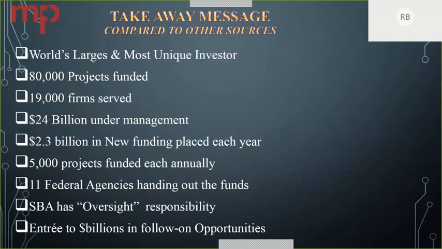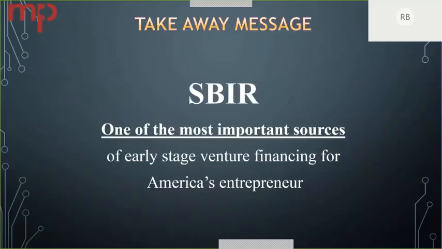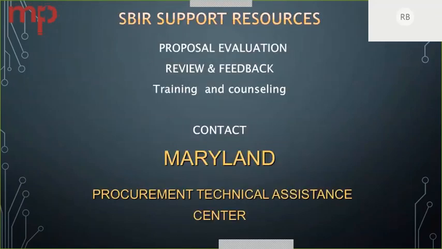SBA has oversight and responsibility, and entrees to billions in follow-on opportunities. Takeaway message: SBIR is one of the most important sources of early-stage venture financing for America's entrepreneurs. And if you need support, proposal evaluation, review and feedback, you can get that from the PTAP. Training and counseling you can get from the PTAP. Contact the Maryland Procurement Technical Assistance Center.